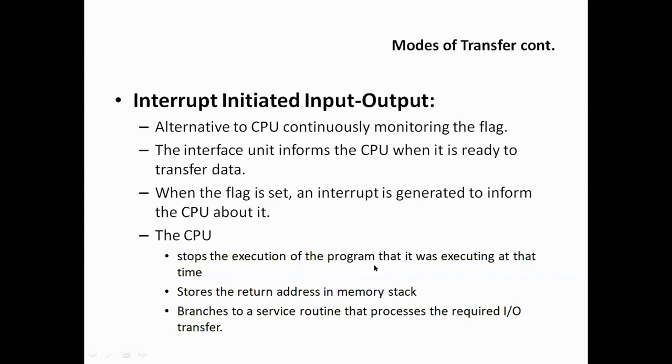For example, if it has already executed 5 steps in this program, the address of the sixth step will be stored onto a stack. Why? This is only for memory remembrance purposes. When the input output operation is done, the processor has to come back and start from the sixth line. So it will take the address of that sixth line from the memory stack. So this is an important step.